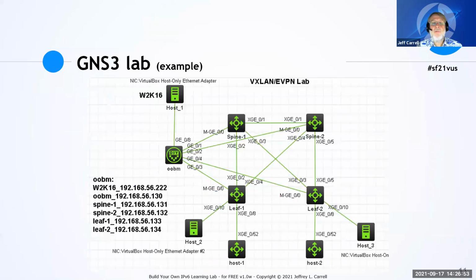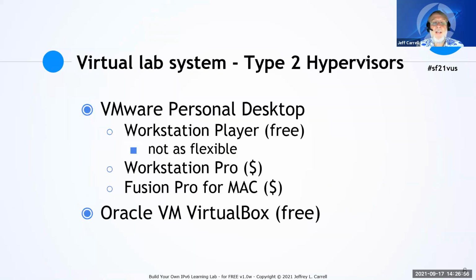Let me back up a slide real quick and talk about this for just a second. In the VMware personal desktop platform, they have two versions of their workstation product, one called Player and one called Pro. Player is free. It works at a relatively minimal level. Minimal meaning you can't do a lot of extra virtual backend configuration, especially with the network adapters. I do that a lot.